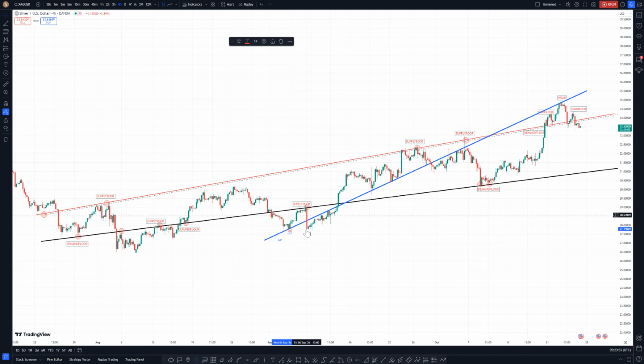Price went up, came down to the area of demand. This is a demand floor. So price came down to demand floor.